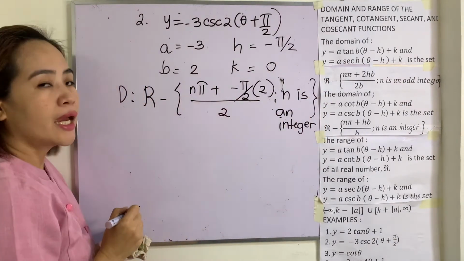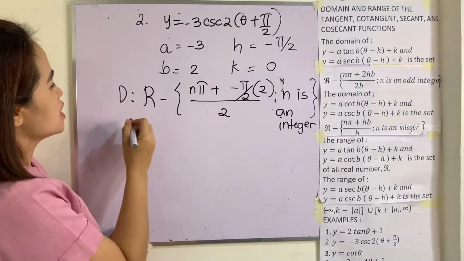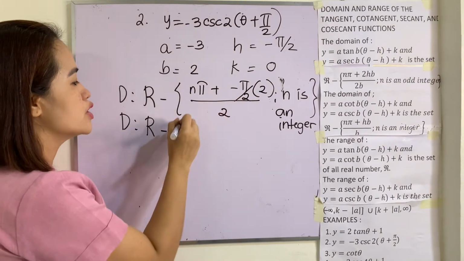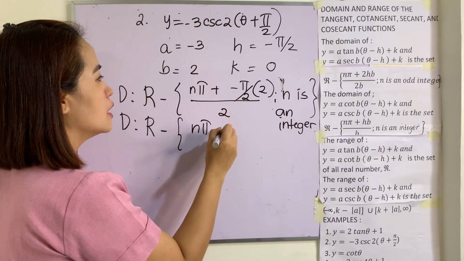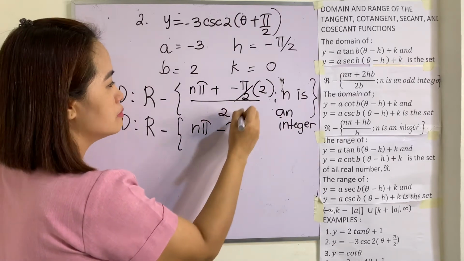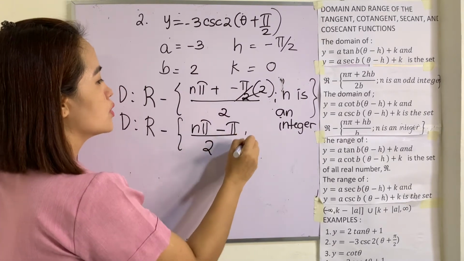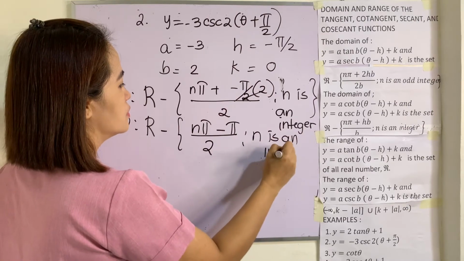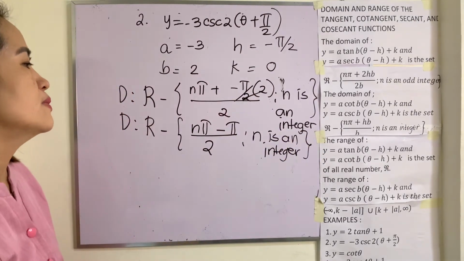Again, the angle is not defined. It's not given. So therefore, we'll just simplify it. The domain, therefore, will be the set of real numbers minus nπ minus pi, because we can cancel it, over 2, where n is an integer. Okay. So this one is your domain.